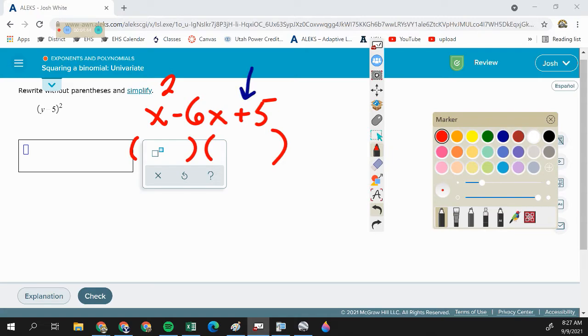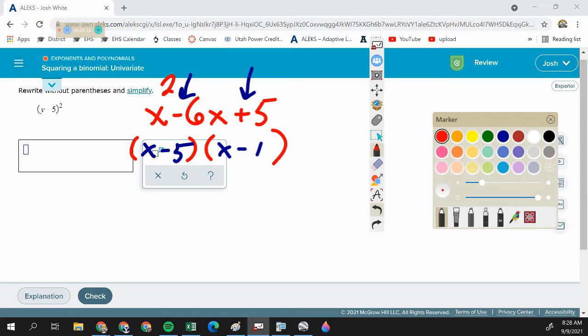What does that tell me about the factors? They're the same sign. So it's x minus something and x minus something, or x plus something and x plus something. How do I know which is which? The middle sign is negative, which means both of these have to be negative. Now, are there factors of 5 that add to be 6? Negative 6. Yes. 5 and 1.